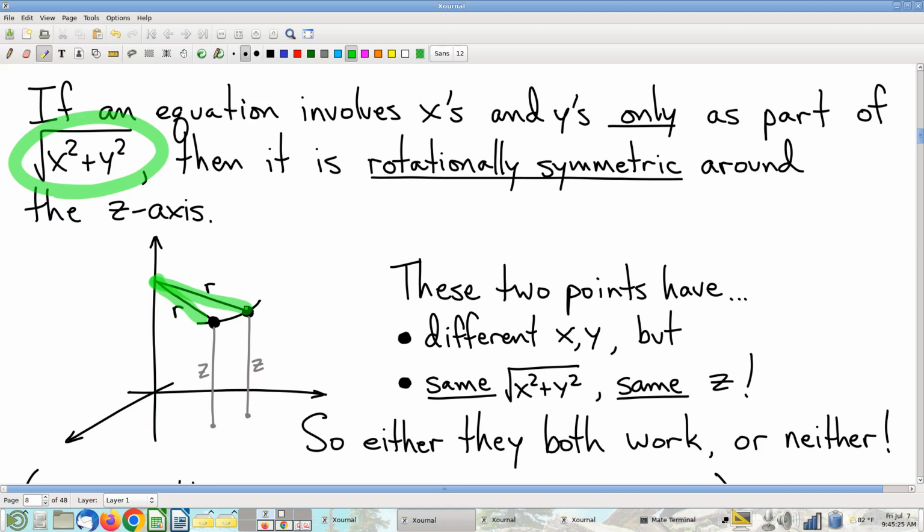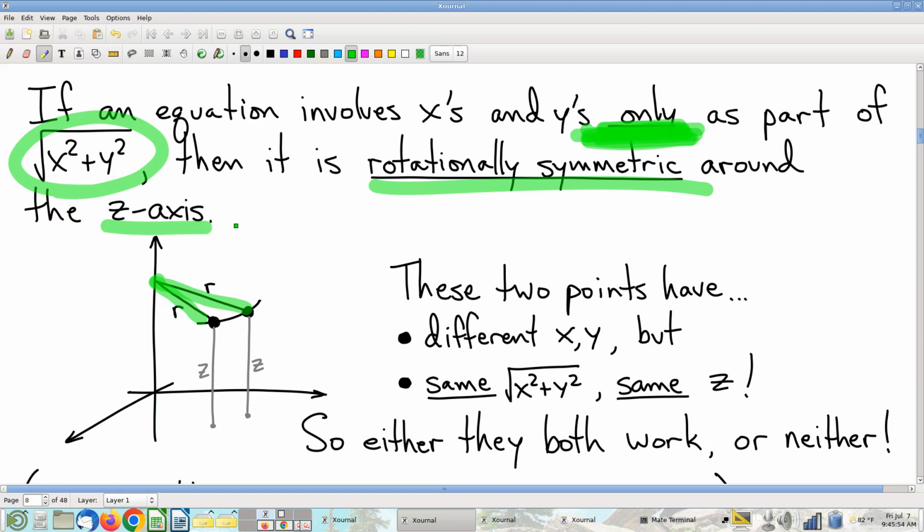So if you have an equation where there's x's and y's, but they appear only, and I emphasize only, as part of this expression right here, then there's this wonderfully powerful conclusion that we get basically immediately, and that is our surface is rotationally symmetric around the z-axis. It's awesome. Right? If you know that your surface is rotationally symmetric around the z-axis, that is a tremendous amount of information.